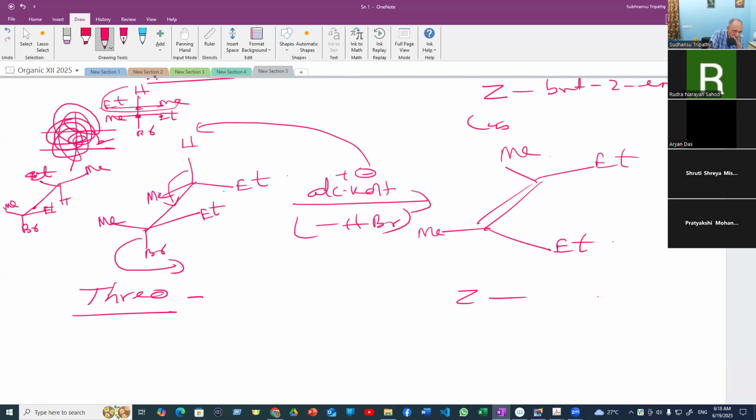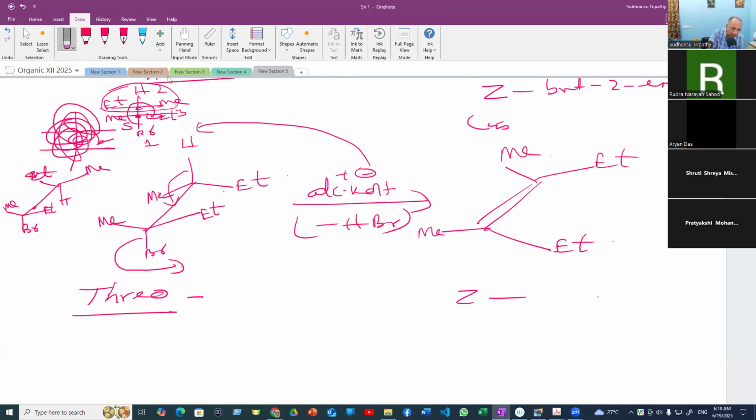So the bulky group is number 2. So number 1 bromine, number 2, then number 3. So this is moving in a clockwise manner, but this is the opposite rule, because the least priority group occupies a horizontal position. So this is S.